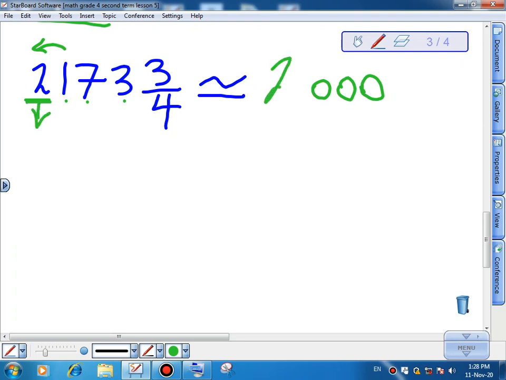We never change 2 because the hundreds place is a weak number. And the fraction here, 3/4, which is 75 hundredths, will be cancelled. It will be 2,000. Okay, if you see a fraction or a decimal number, you cancel the decimal part and approximate to the nearest tens, hundreds or thousands as you learned.